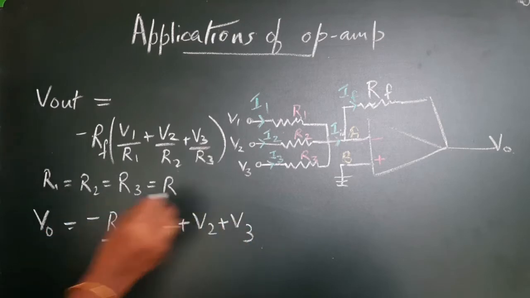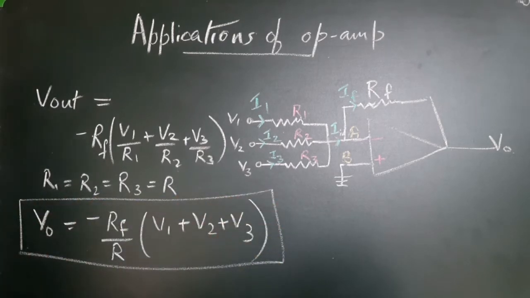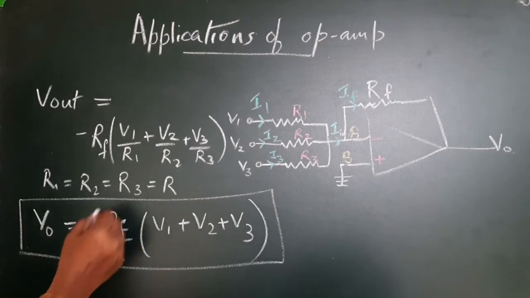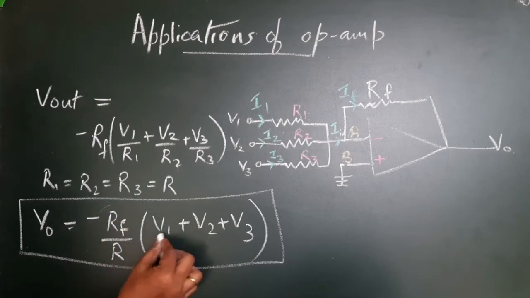So this is the general expression for output of a summing amplifier, and in this case RF by R is a scale factor for the sum of the voltages.